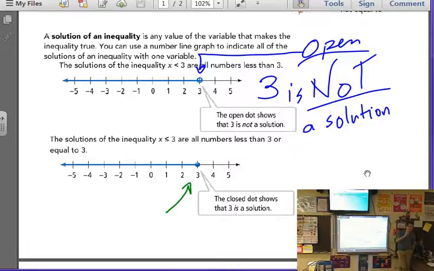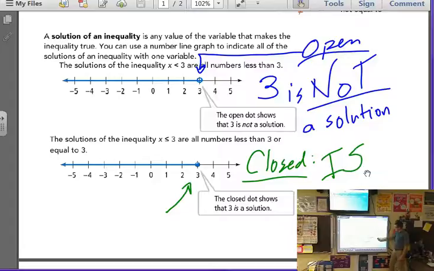So if the dot doesn't get shaded, that dot's not a solution. The reason we have the circle around it is that's where my values start. So I could have a value of 2.9999999 as long as it's not 3. But anything less than 3 counts. Here, the closed circle means it is a solution.